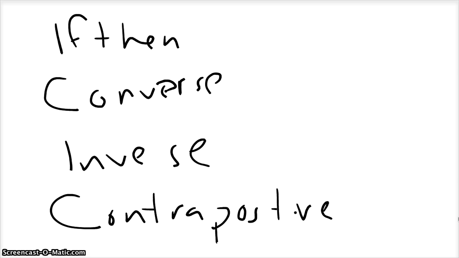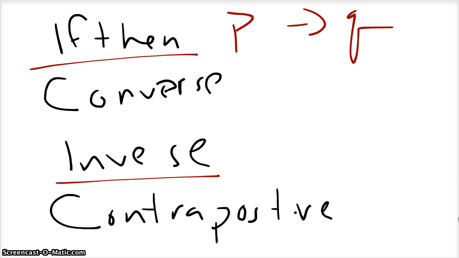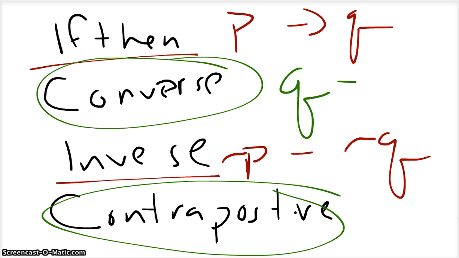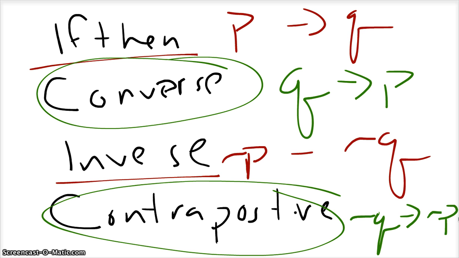So then the I's go together, because remember this was P, then Q, and this one's not P, then not Q, and then the C's go together. So Q, then P, then not Q, then not P. So you just have to figure out which way helps you remember.